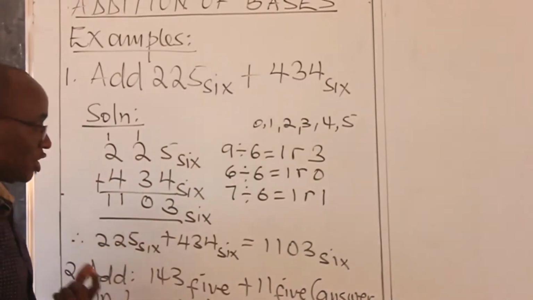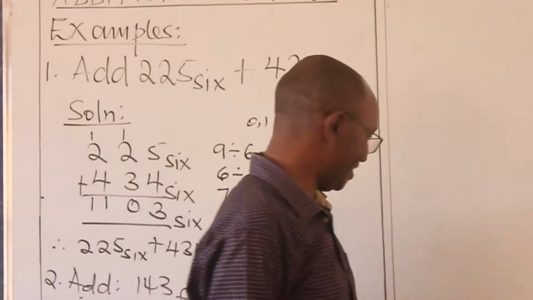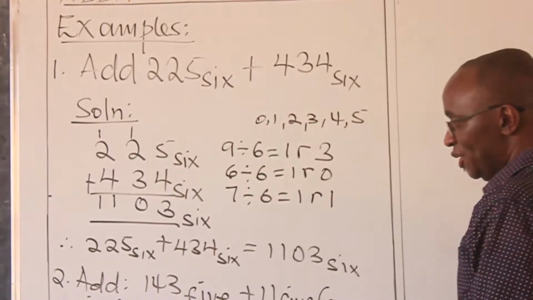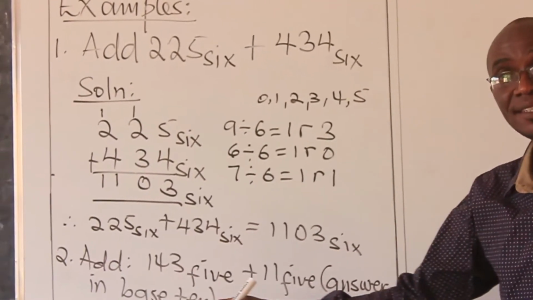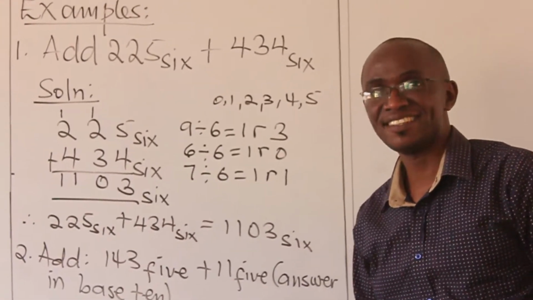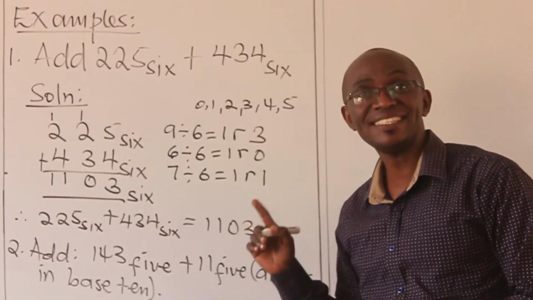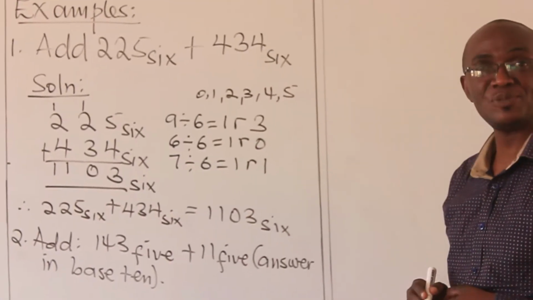Now here you are restricted. They have said you add 143 base 5 plus 11 base 5, but the restriction is the answer should be in base 10. They want the answer to be in base 10.